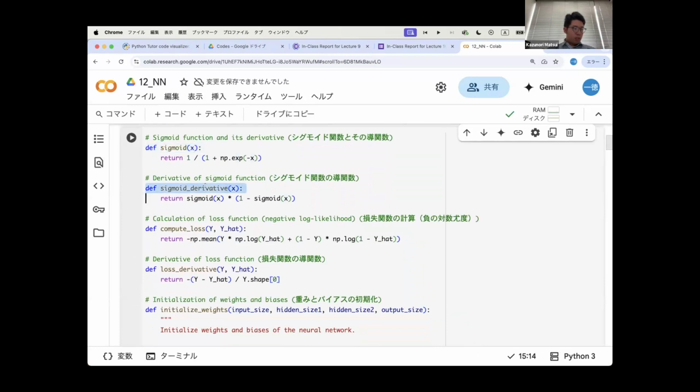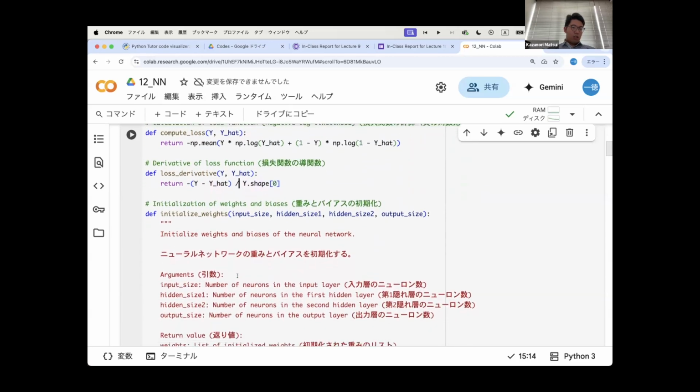We also prepare a function to calculate the loss function on negative likelihood and prepare the derivative of the loss function too. Simply, it's minus y hat minus y, but we can calculate it like this. However, here we divide by the number of data points.